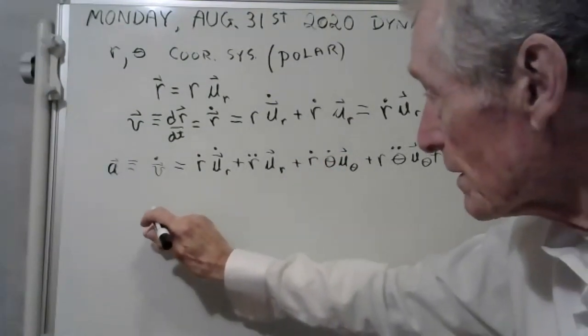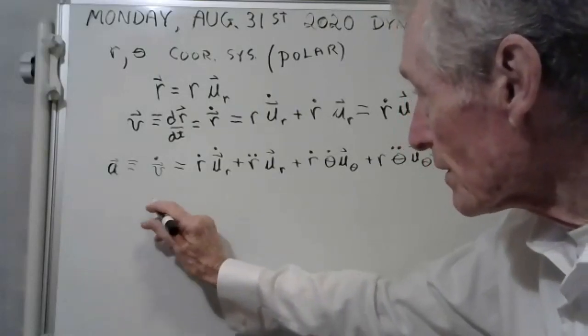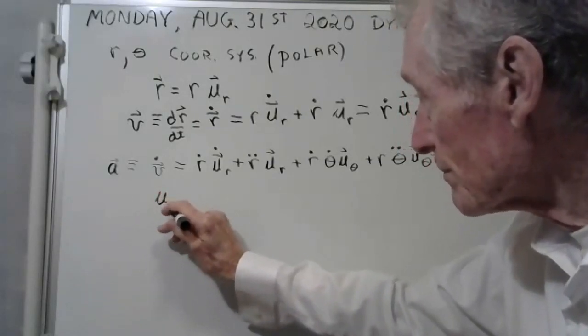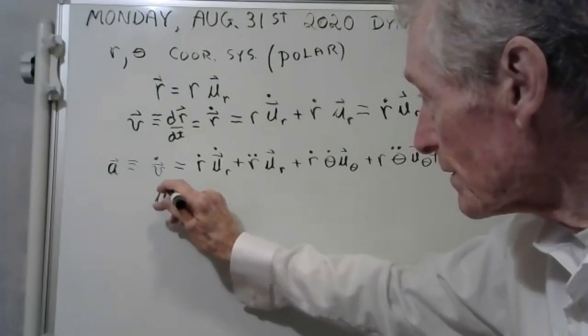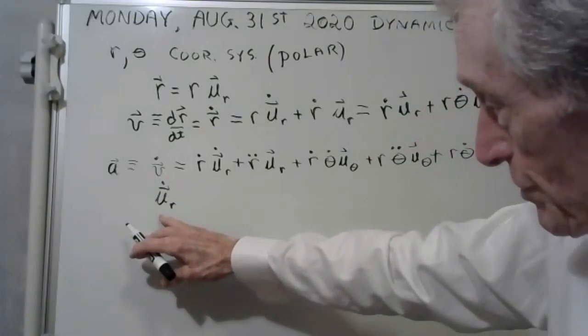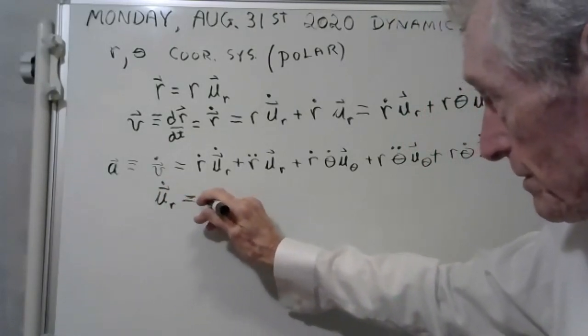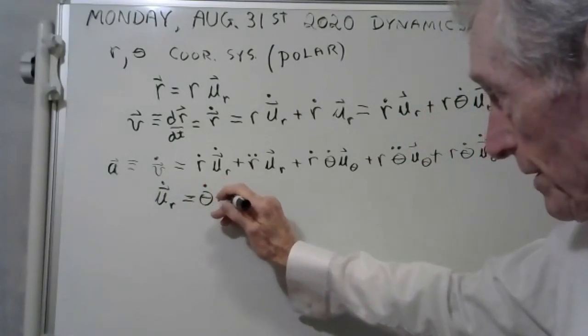Now this one, let me write it for you. I think I already wrote it and erased it. The first derivative of the radial unit vector with respect to time is equal to the same thing it was the last time I did it.